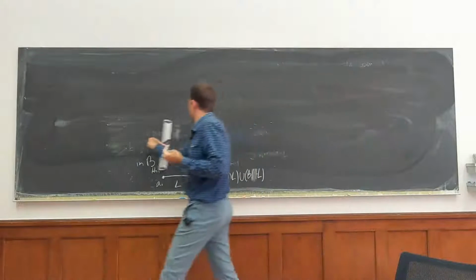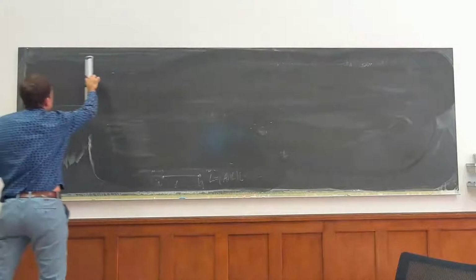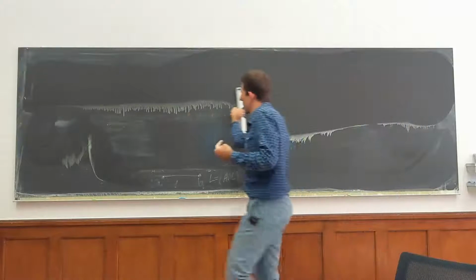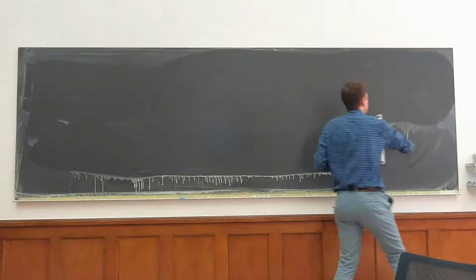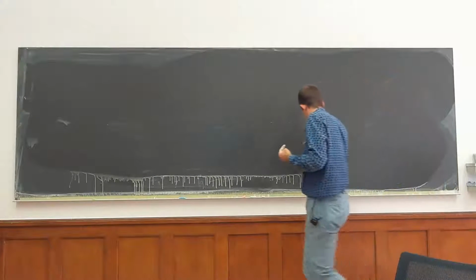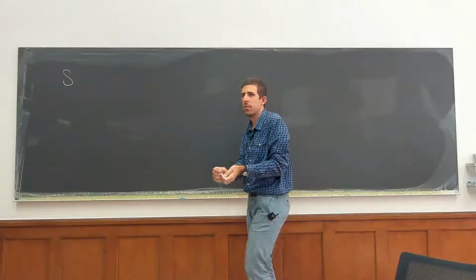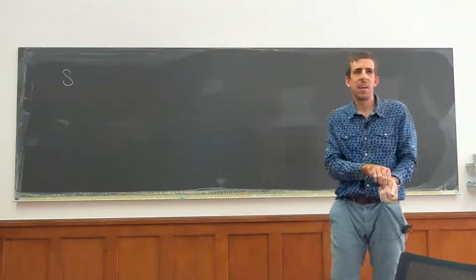Okay, so let's see, in the last few minutes, just to give you the notion of compact. This is a very important notion too. So what will be a compact set?